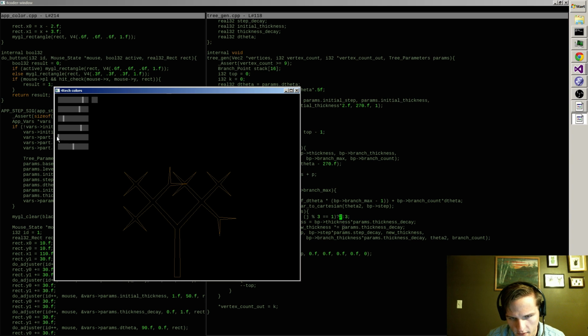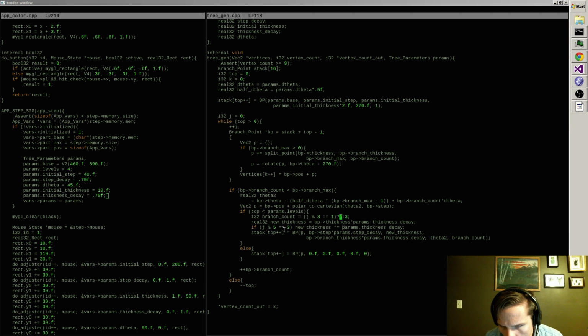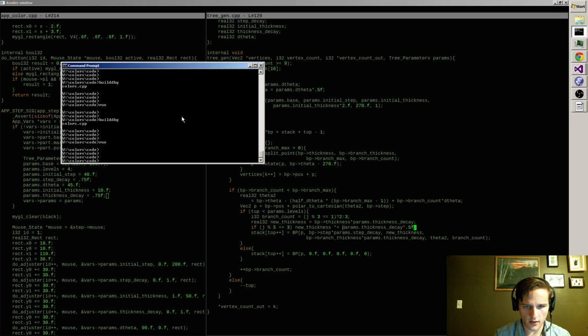Yeah, I don't see the double decay happening. It doesn't feel like it's happening. Why is it not happening? Should I up it more? Should I really push the new thickness problem far? Maybe I didn't build it correctly or something.